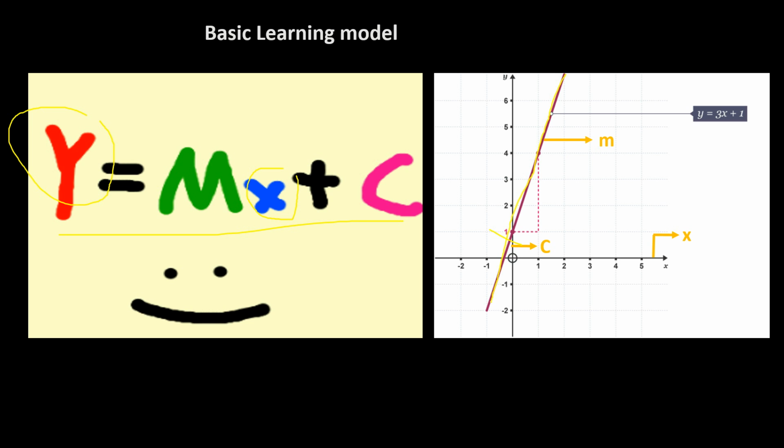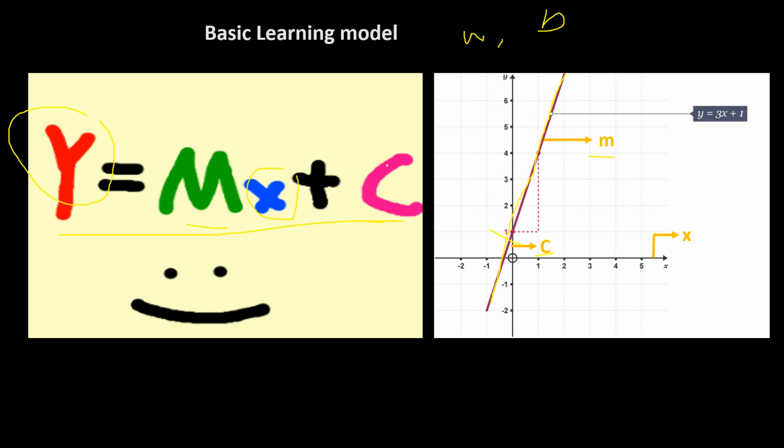Learning this line means learning the parameters, which are m and c here. In a neural network, this m and c become weights w and bias b. So based on this x and y, the input data, we learn weight and bias, or m and c.